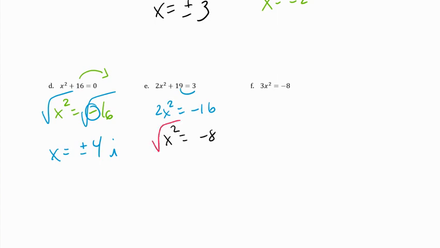Square root both sides. Got plus or minus. I'm going to end up with an i, and 8 is 4 times 2. So 2 root 2 i. Or if you'd rather, we could write plus or minus 2i root 2.